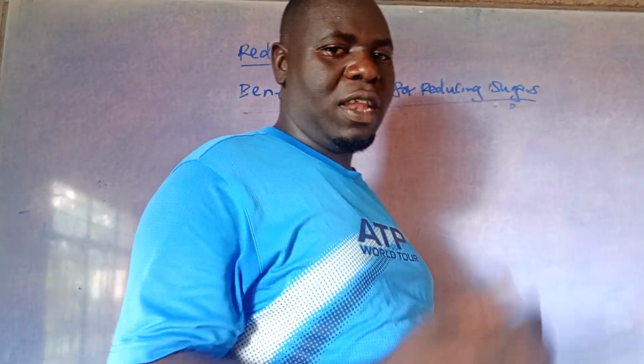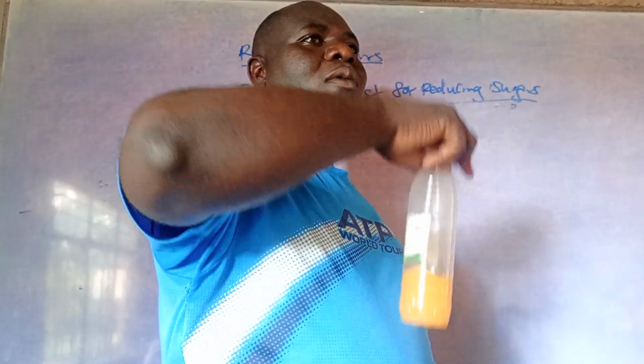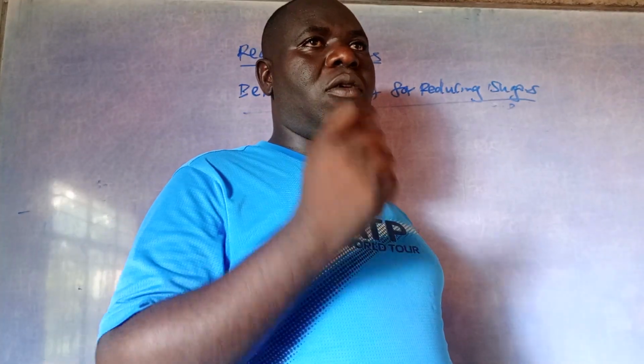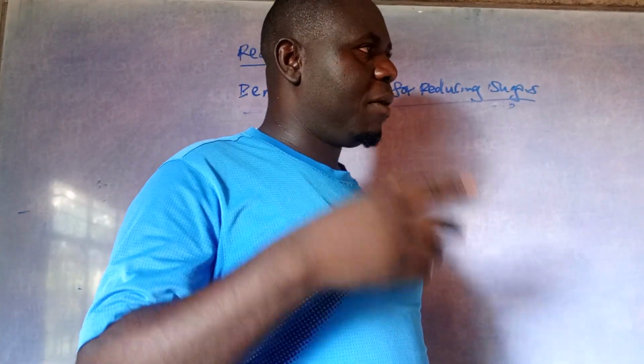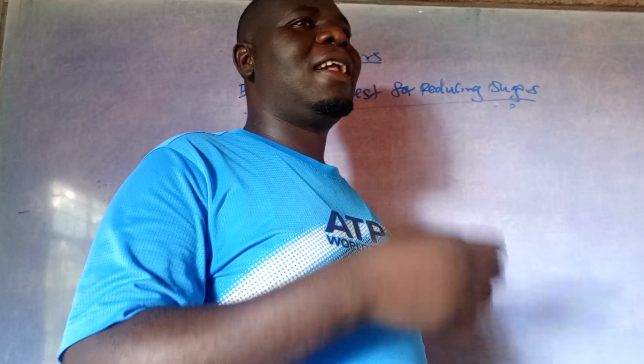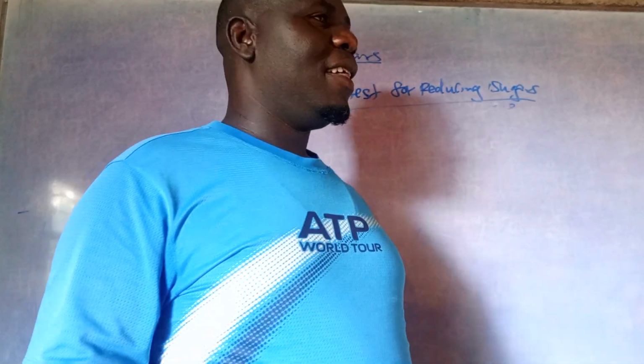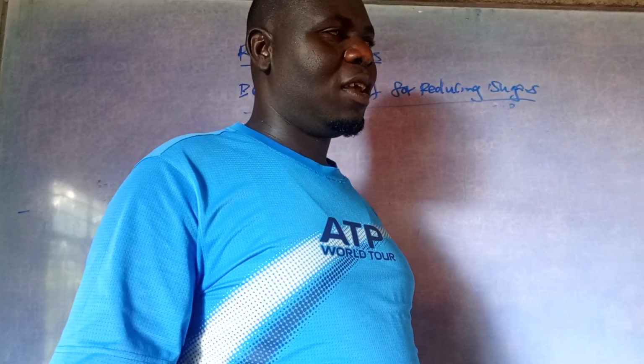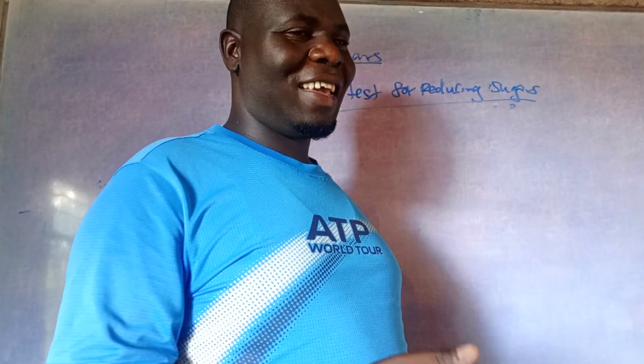So now if you have a liquid, what are the procedures? You put 2 centimeter cubic of sample solution, maybe it's P, in a clean and dry test tube. Then you add 2 centimeter cubic of Benedict solution and shake.